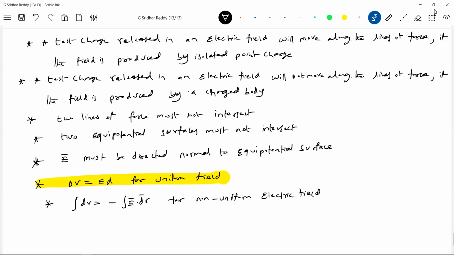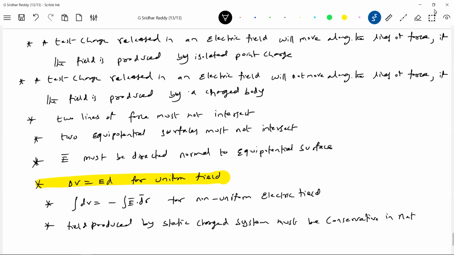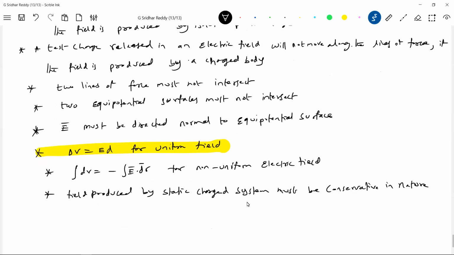So these are some very fundamental points, and one more: the field produced by a static charged system must be conservative in nature, and the work done in a closed path in a conservative field must be 0.